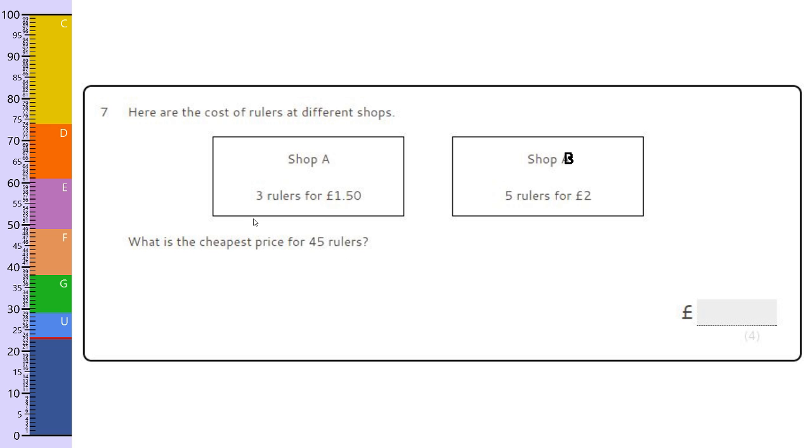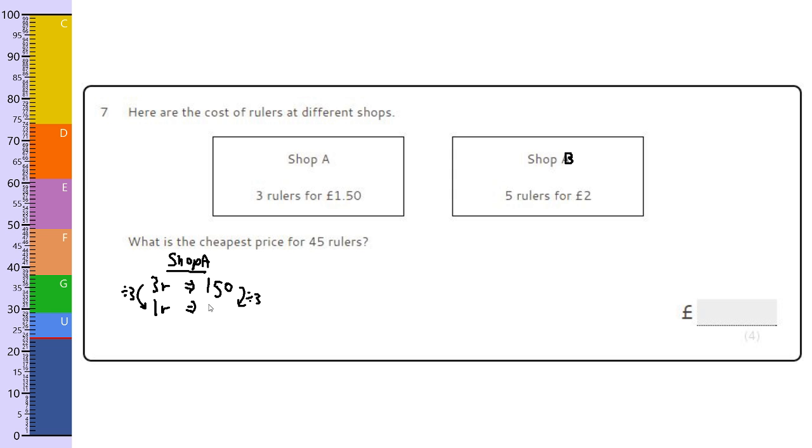Okay, so for shop A, let's do shop A first. It says that 3 rulers cost £1.50. Let's do it in pence, 150. So if I work out what 1 ruler is first, to do that I divide it by 3. You can probably do this in your head, but we've got a calculator. 150 divided by 3 is 50.